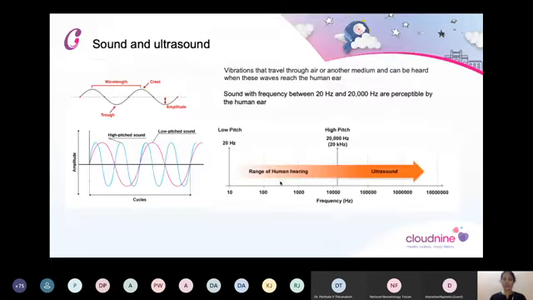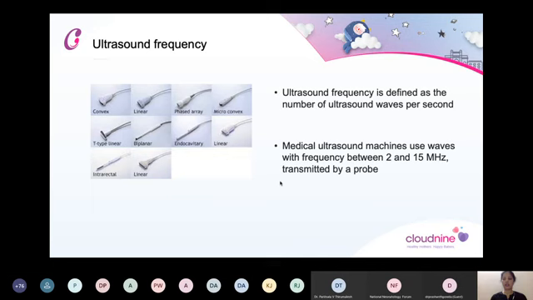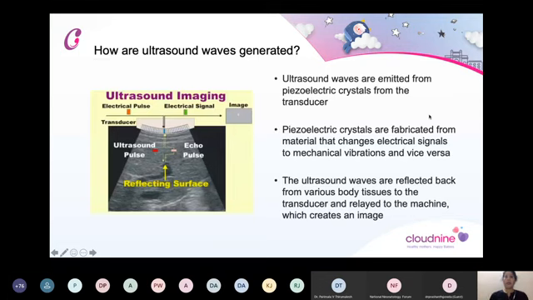Now, coming to a bit of basics, we know that beyond 20,000 hertz, it's called ultrasound, the wavelength of sound beyond 20,000. But the medical ultrasound machines use between 2 and 15 megahertz. Ultrasound waves are emitted by piezoelectric crystals, which are transmitted by the transducer.